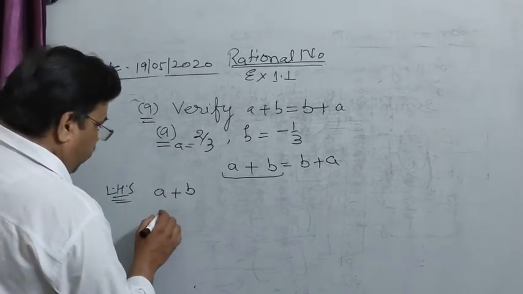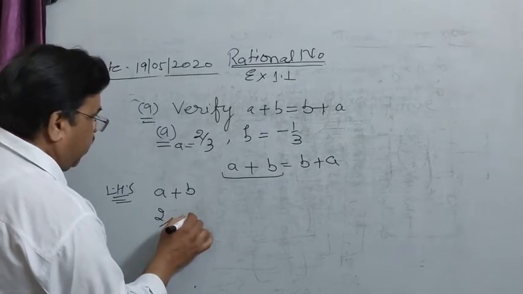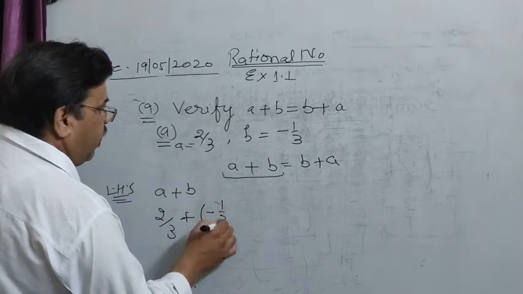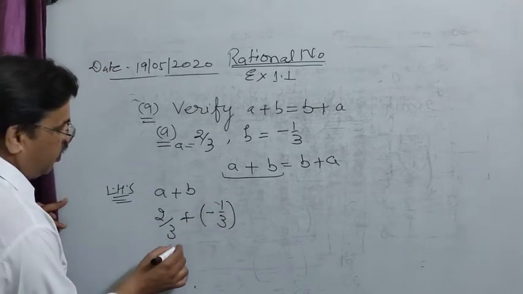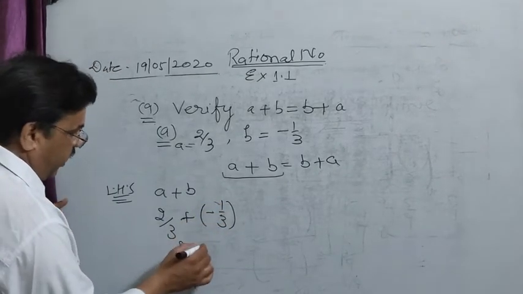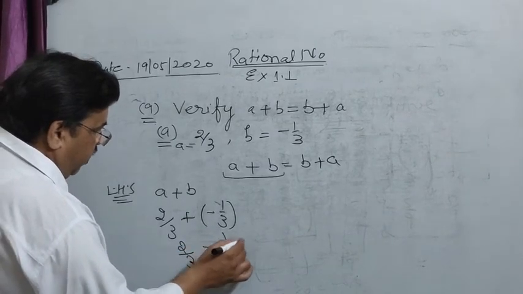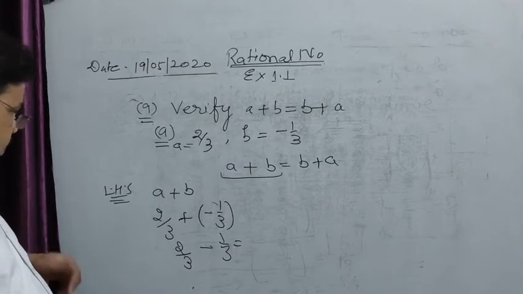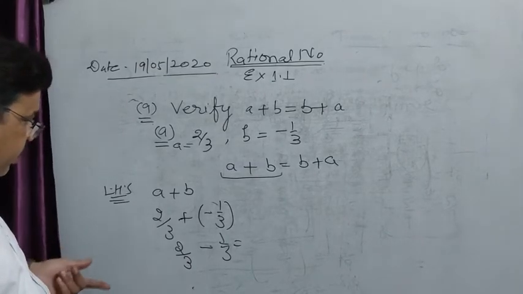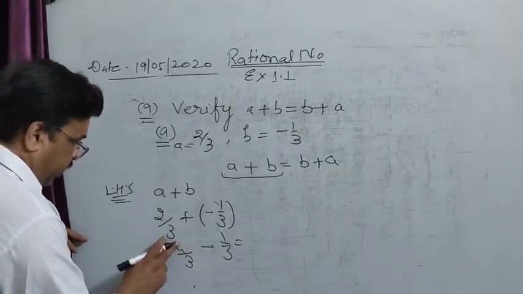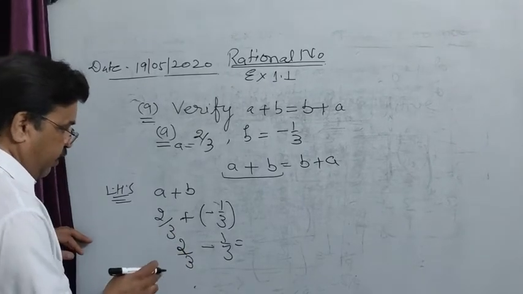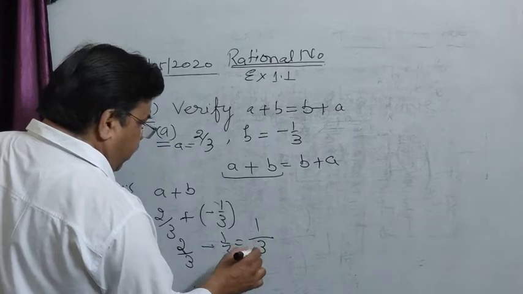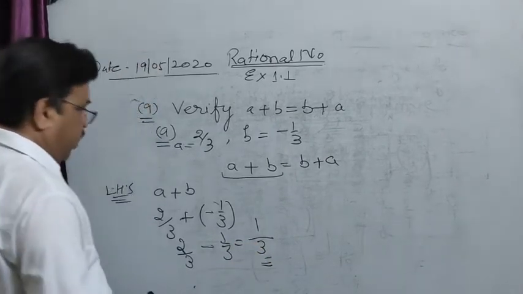Okay, 2 by 3 plus, open the bracket, minus 1 by 3, and solve this. If the denominators are the same, you can subtract or add them easily. So we are subtracting these numbers because they have different signs, and you will get 1 by 3. This is the answer of the left hand side.